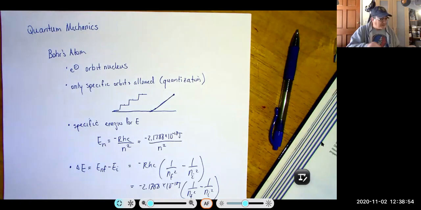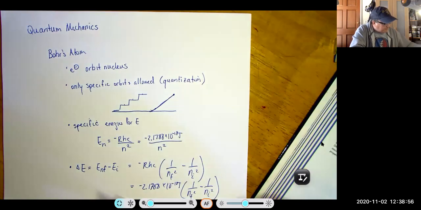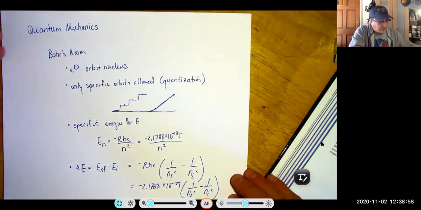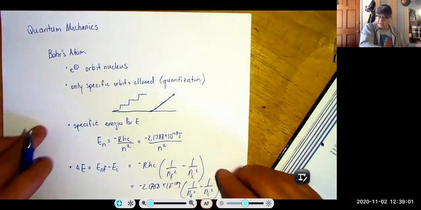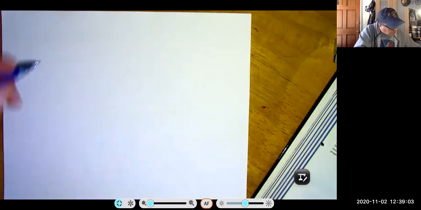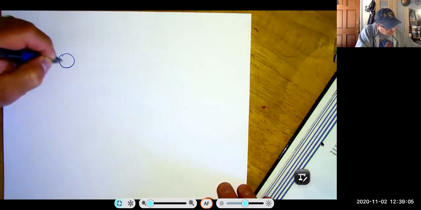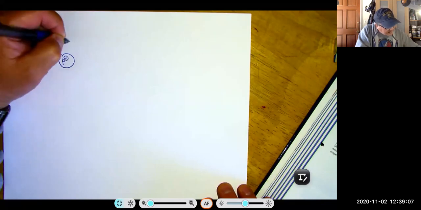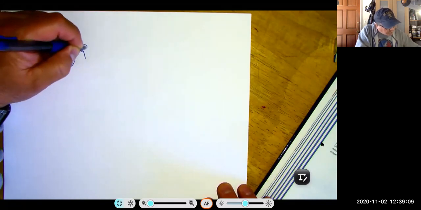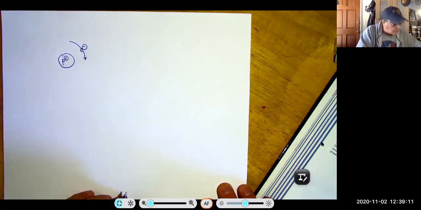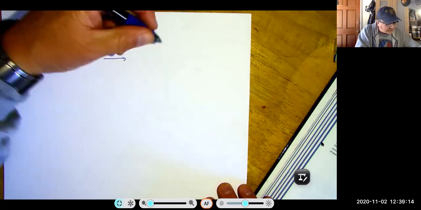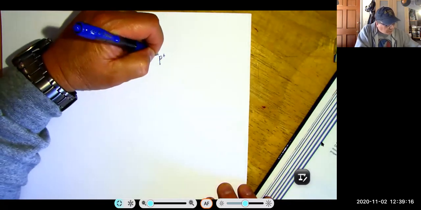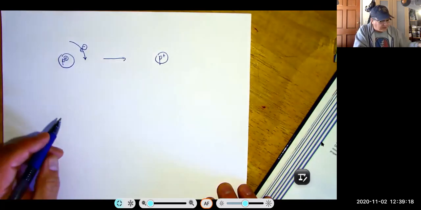So that's Bohr's atom. But there are some problems with Bohr's atom. One of the problems, of course, is that you have this proton and you have an electron that's orbiting the atom. So over time, this is what's supposed to happen when you have things that are oppositely charged like this.